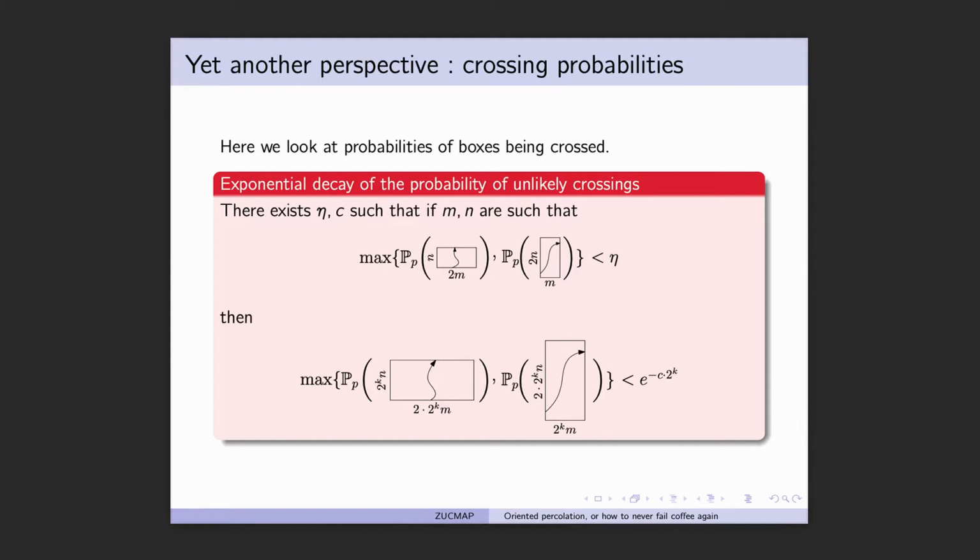So this is super exponential, but if I scale by n instead of 2k, then I have exponential of minus c times n. So this again describes the geometry of what's going on, and it's easy to see conceptually that if you are in this case, then you should be in the subcritical regime, because if these crossings are already unlikely, how unlikely is it going to be to reach plus infinity, right?